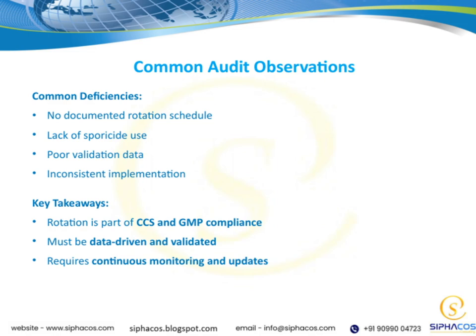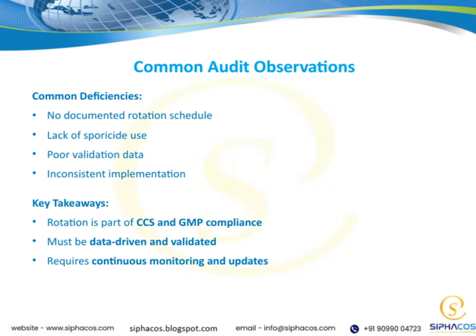Now, moving on to key takeaways. First, rotation is an integral part of critical control points, or CCPs, and GMP compliance. It's not just a procedural formality, it's essential for safeguarding quality. Second, all these activities must be driven by solid data and validated thoroughly. Without proper validation, we can't be confident that our processes are working as intended.